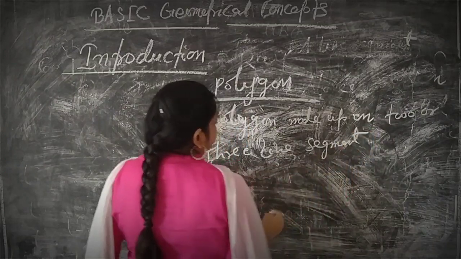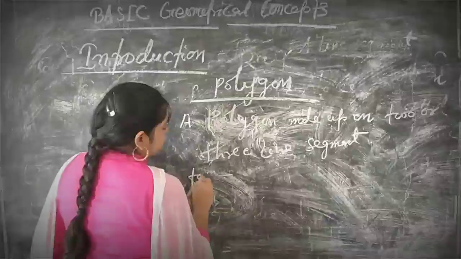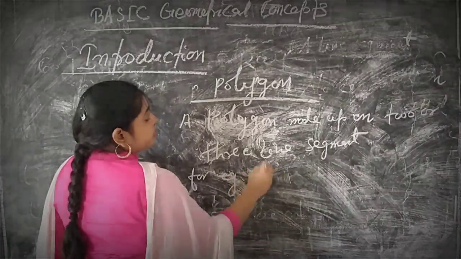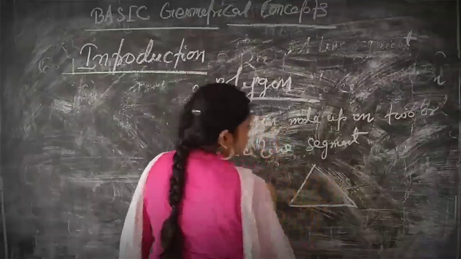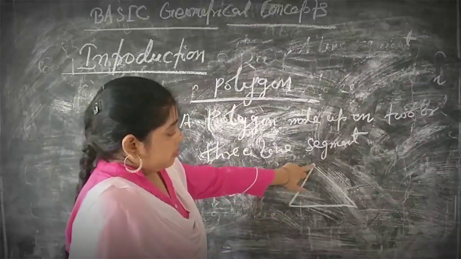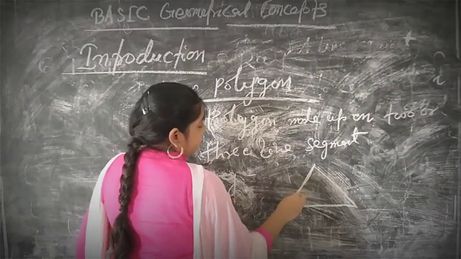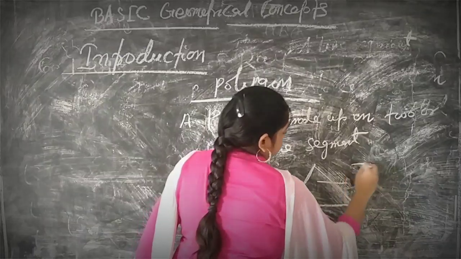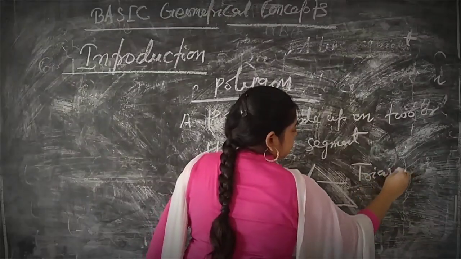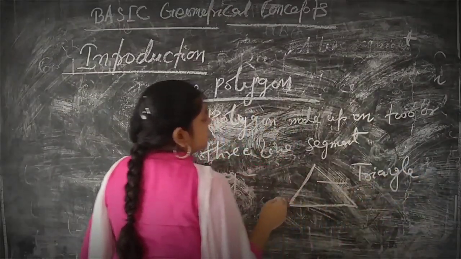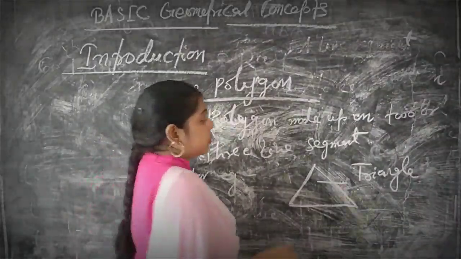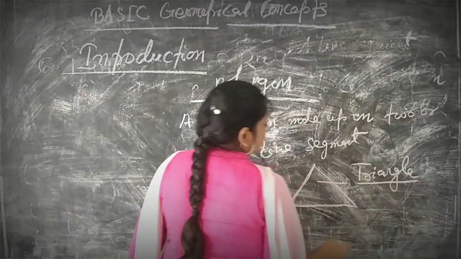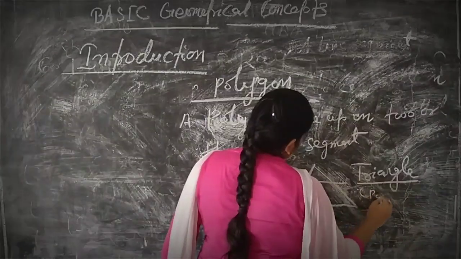For example, we can draw the figure. This is called a polygon because it is a triangle, and a triangle is made up of three line segments, so it is called a polygon. So a triangle is also a polygon.